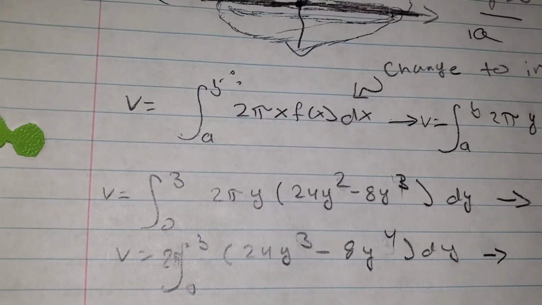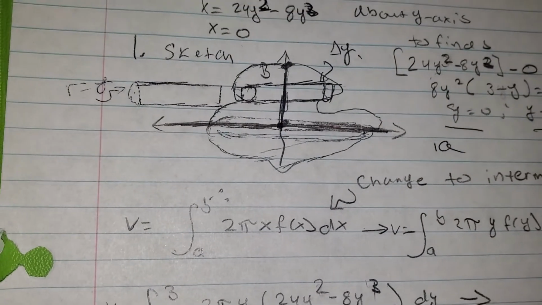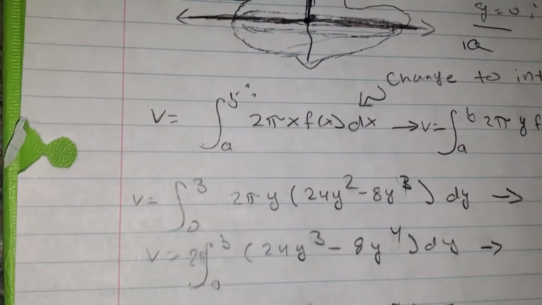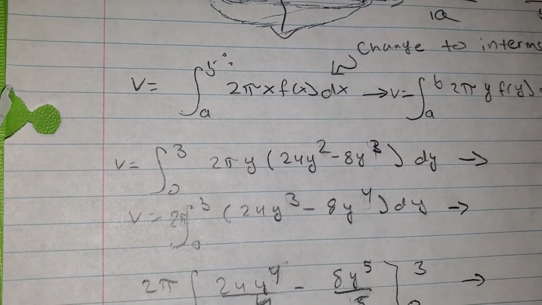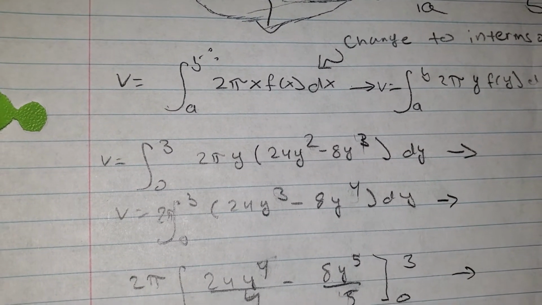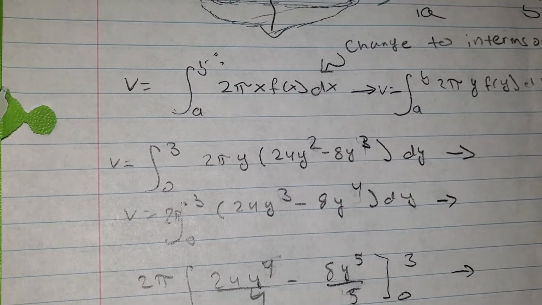So now the volume is equal to the integral from 0 to 3 of 2 pi times y times 24y squared minus 8y cubed minus 0.